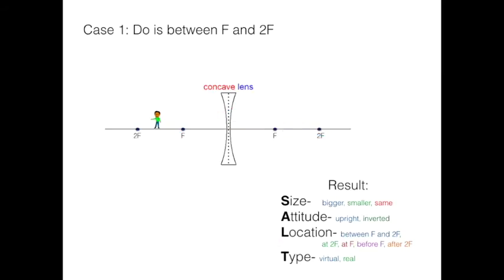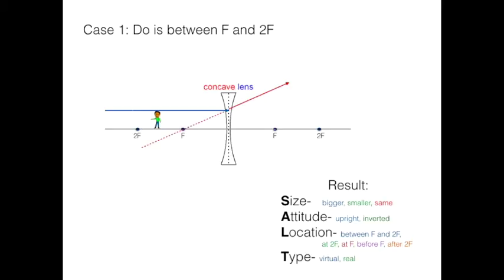Now let's try again to move the object from case number 1, which is between F and 2F. Let's do the same procedure. Rule number 1, it will pass on the focal point, but take note that the extension must pass on the focal point.